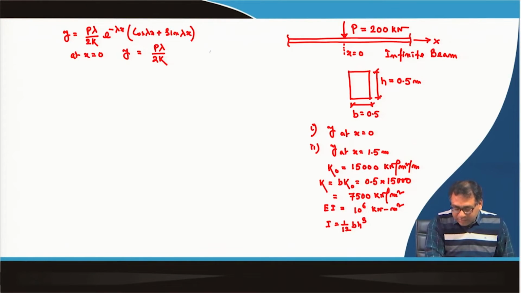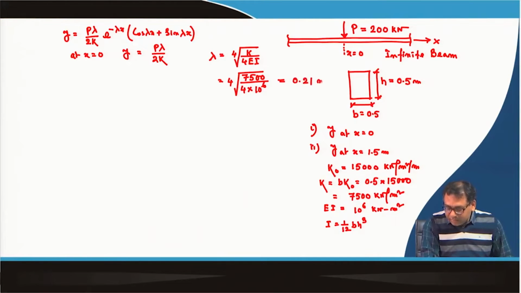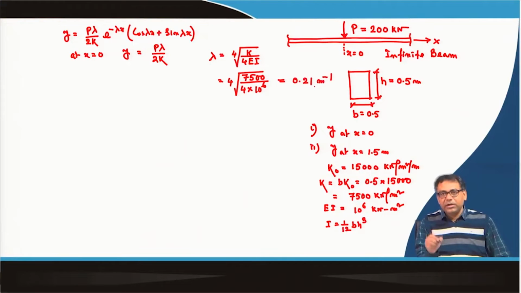So, we have to calculate the lambda value. Lambda is the fourth root of k by 4EI. So, this is the fourth root of 7500 divided by 4 into 10 to the power 6. So, this is 0.21, and the unit of lambda is meter to the power minus 1.